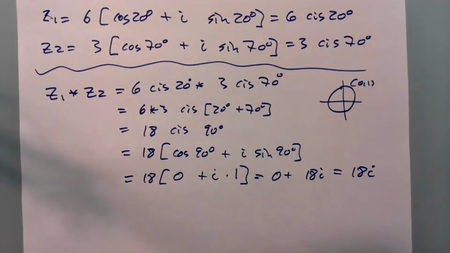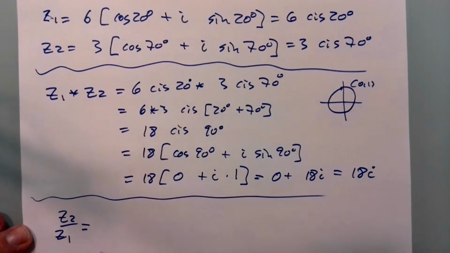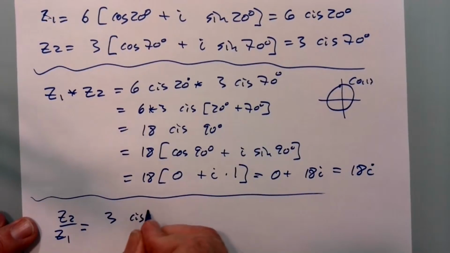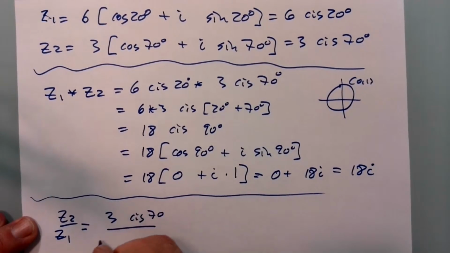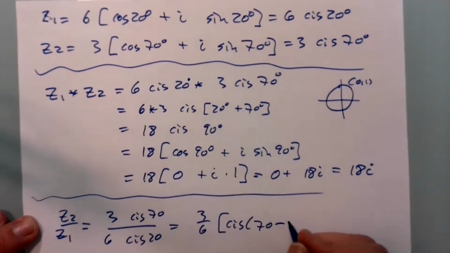But you can't always simplify it quite so easily. If instead I had asked you to do Z2 divided by Z1, that would be 3 cis 70 divided by 6 cis 20. So yes, you divide the modulus, you divide the lengths, 3 over 6, and subtract the angles, cis 70 minus 20.